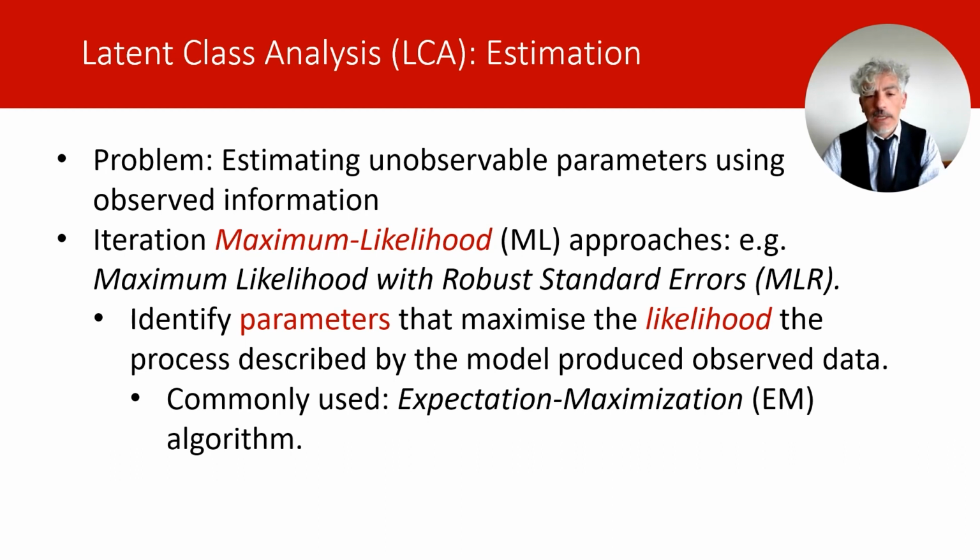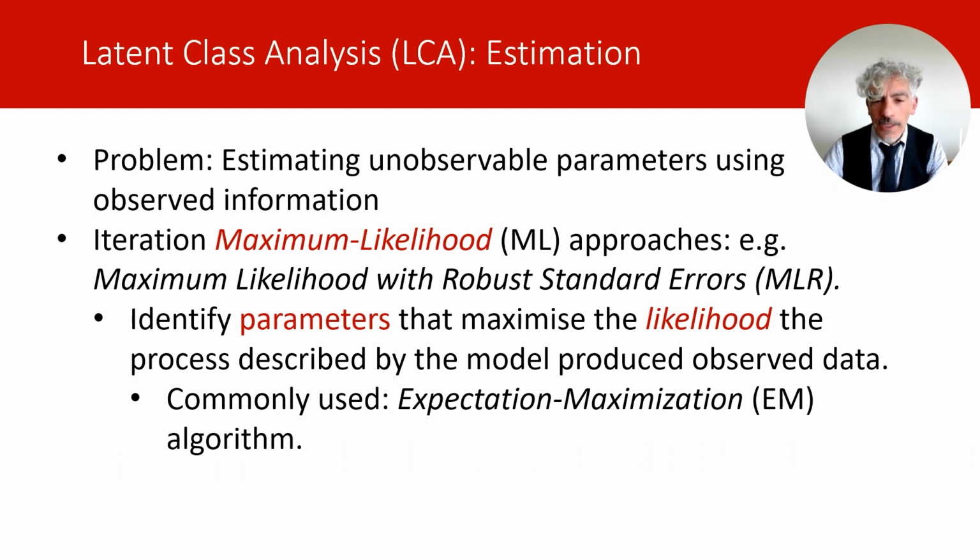At that point, the algorithm stops and provides what is considered to be the best solution. Other algorithms can be used, for example, the Newton-Raphson, but the problem that these algorithms have is that they may converge on solutions that are not necessarily the best solution.